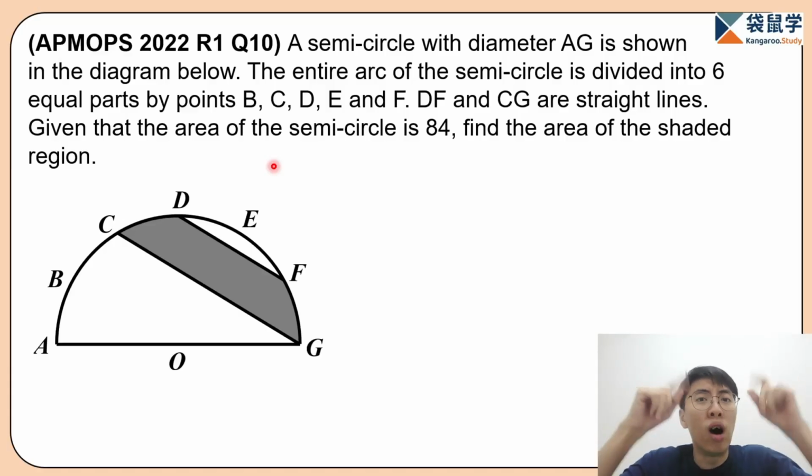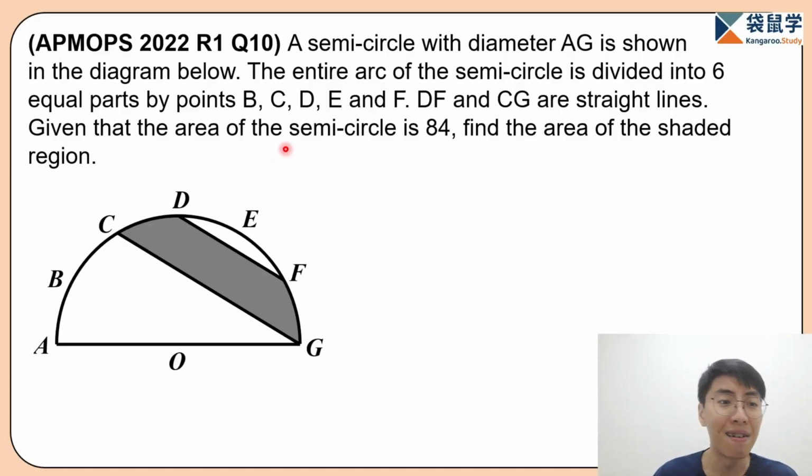There is one simple way to cut the figure. We notice that this is a semicircle, and we have the points B, C, D, E, and F along it.